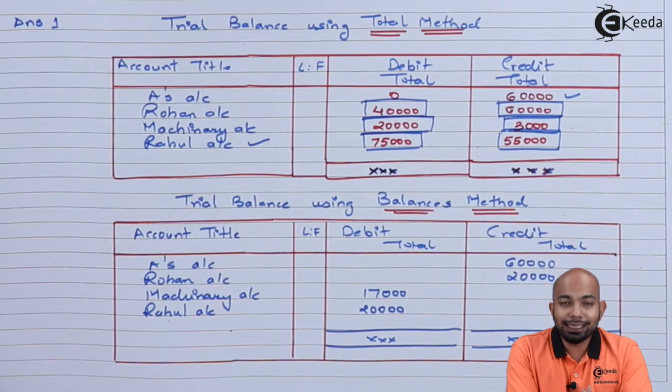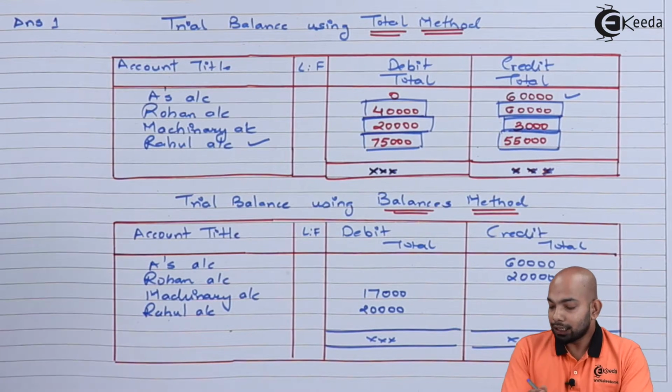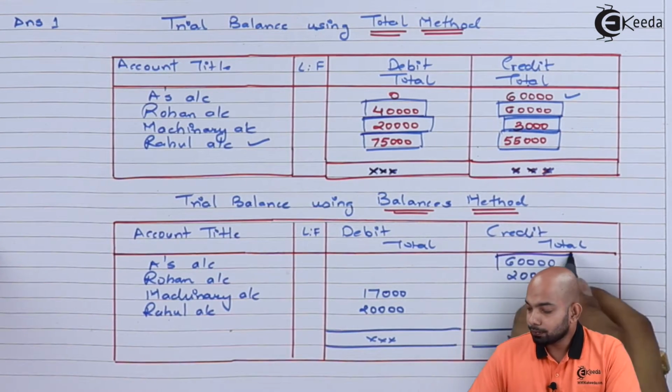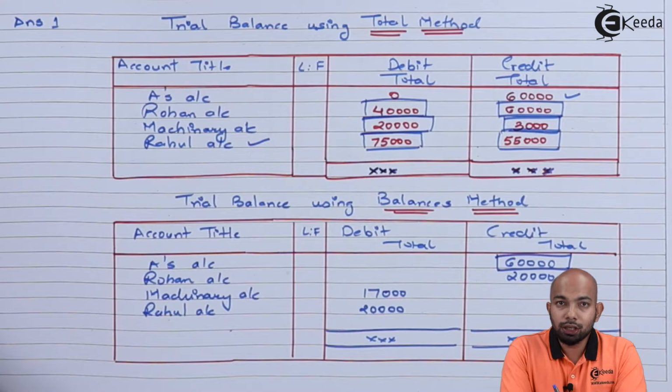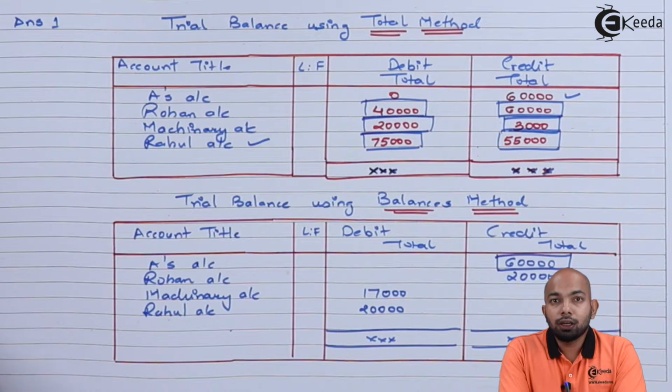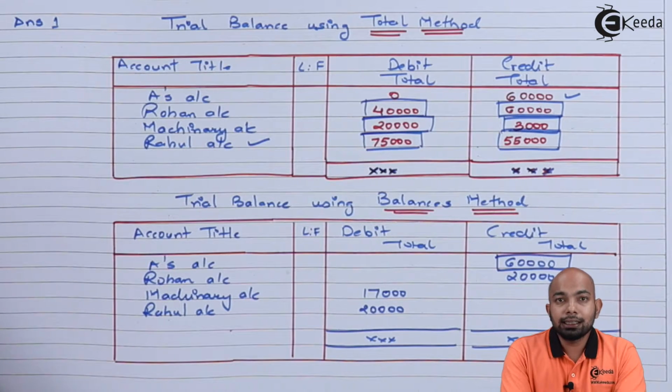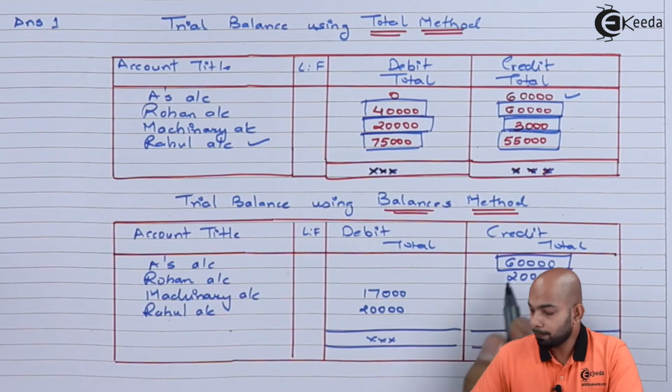If you can see the four accounts that we have mentioned, the first account states Ace Capital, which showed a credit balance of 60,000. So the 60,000 credit balance has been mentioned on the credit side of the trial balance. Next we have Rohan's account, which had again a credit balance of 20,000. Hence the credit side of the trial balance has been mentioned as 20,000.